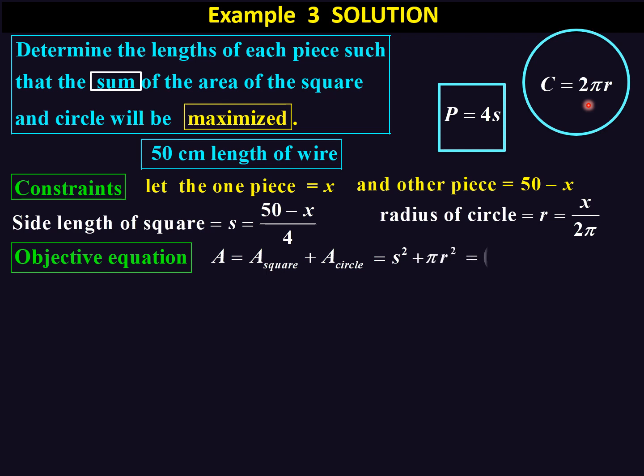But we always said we want to find one variable. So in other words, the s is (50 minus x) over 4, squared, and the r is x over 2, pi squared. We just need to simplify that, and if you remove the brackets and multiply out, we end up with this expression here.